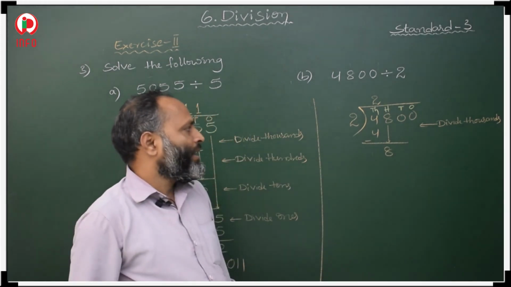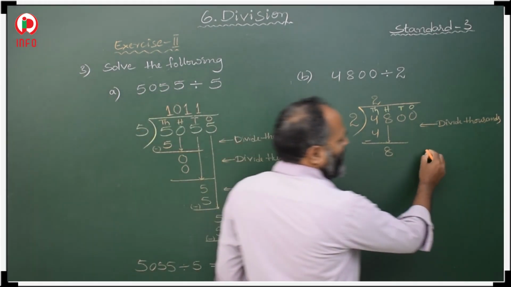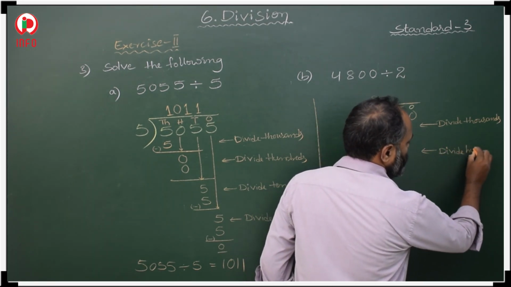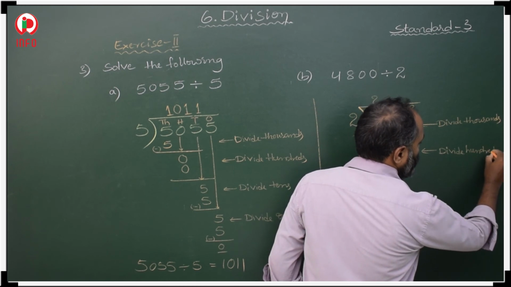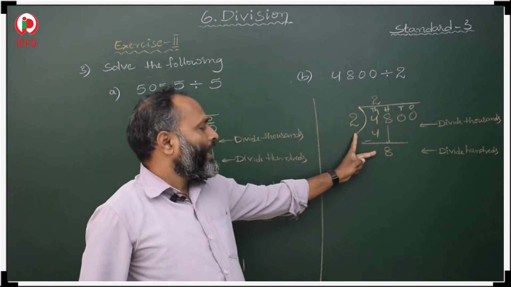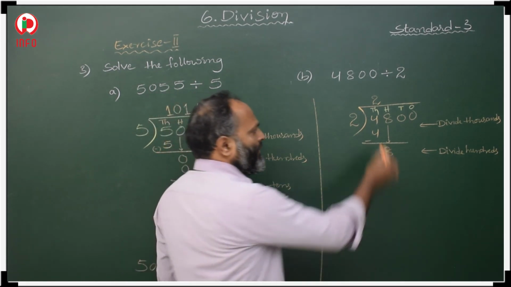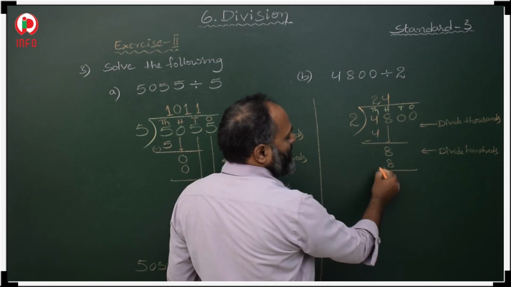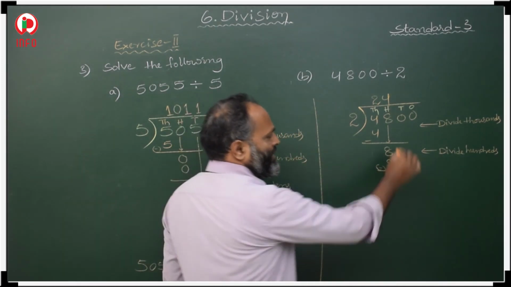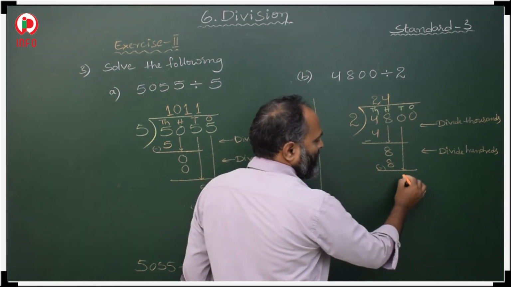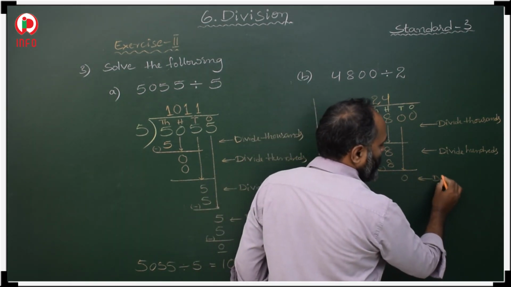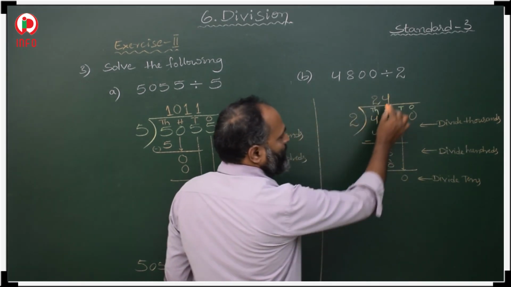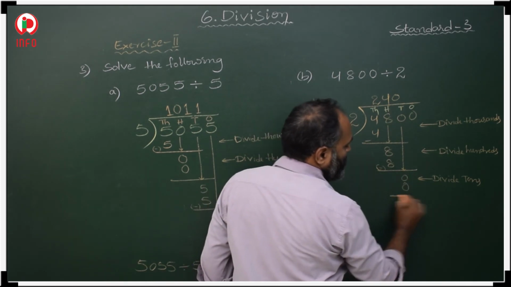Here divide hundreds. When you will get 8 in the 2 table, 2 4s are 8, then 8 minus 8 is 0. Then after that you take 0, here divide tens, 2 zeros are 0.